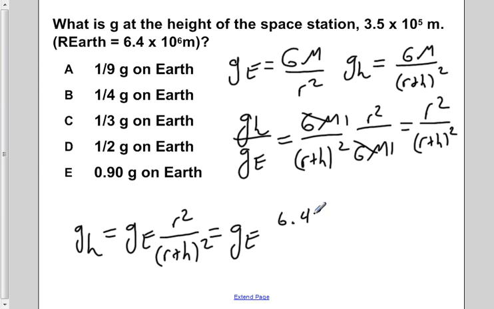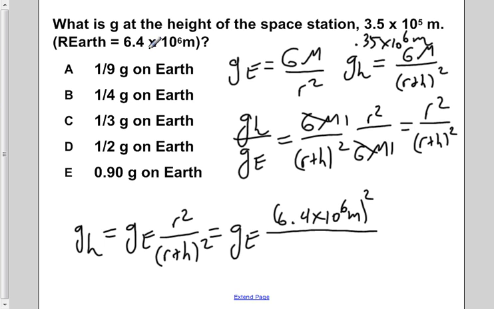So the radius of our planet is 6.4 times 10 to the 6th meters, and we know that we're at an extra added height of 3.5 times 10 to the 5th meters, which is the same as 0.35 times 10 to the 6th meters.